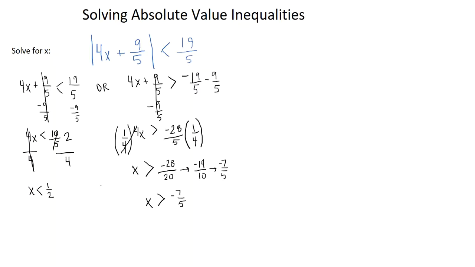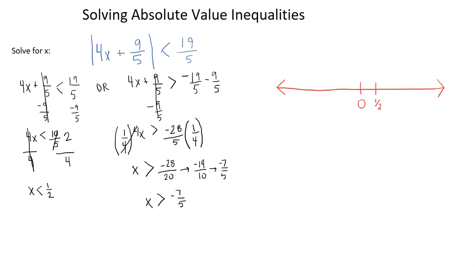So we have two answers, and we can go ahead and put both of these on a number line. And if we put 0 there, 1/2 can be here.